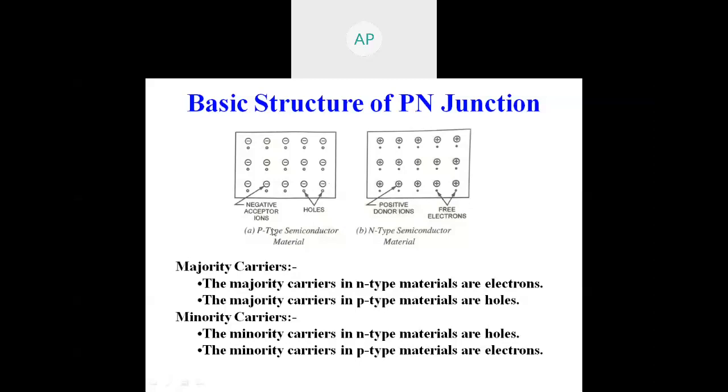Similarly, the P type semiconductor has negative ions since it is accepting. The dopant for this is a trivalent impurity, so one electron needs to be accepted, and so there are acceptor ions.